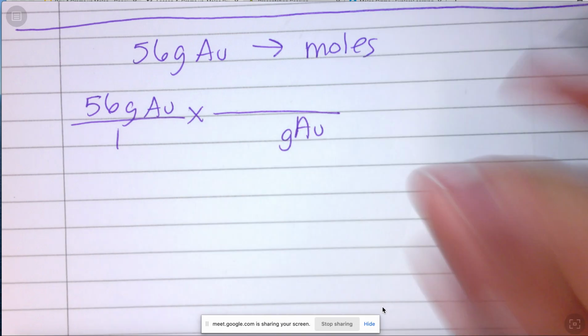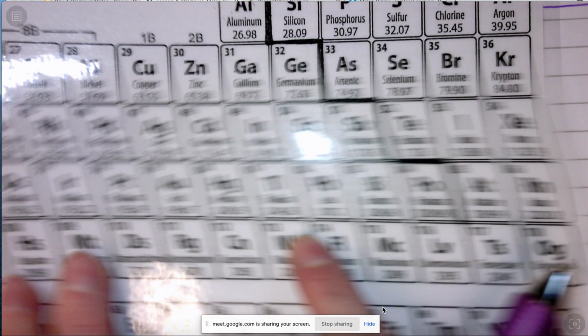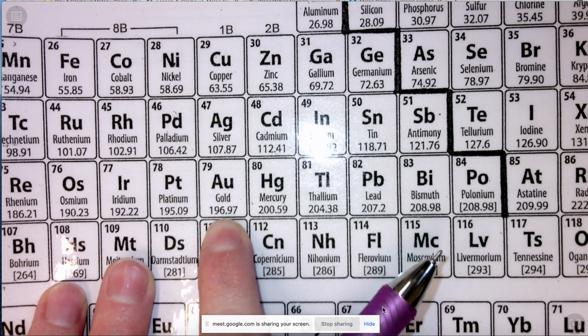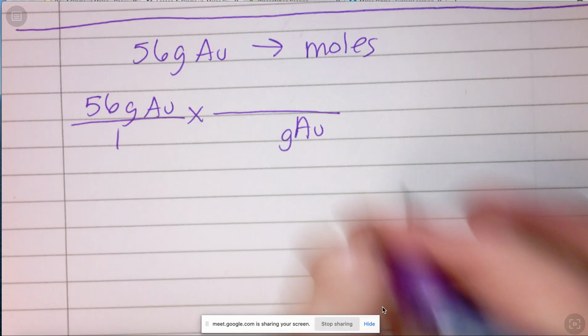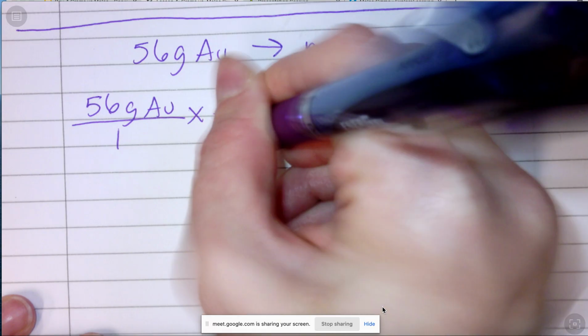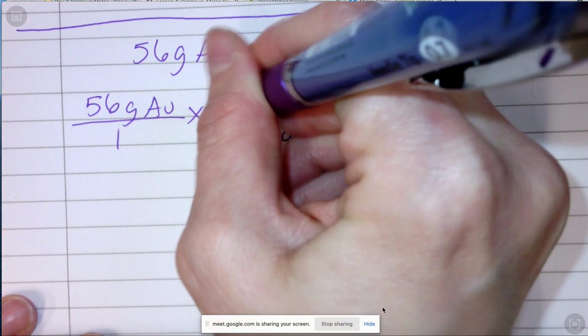And I look at my periodic table and I get this number, 196.97. So 196.97 grams of gold for every 1 mole of gold.